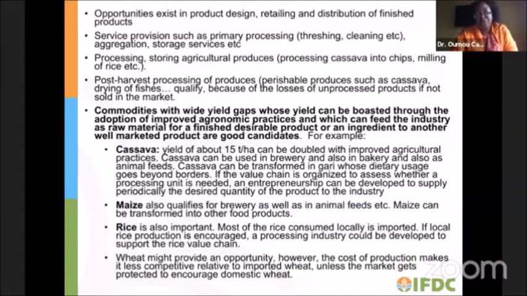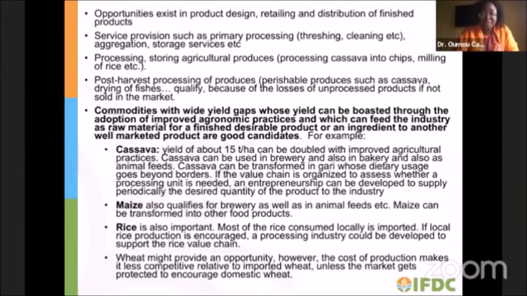But I would like to focus on the opportunity that exists in closing the yield gap, the gap between the potential yield and the existing yield. By adopting improved agronomic practices, which can feed into the industry as raw material for a finished product or an ingredient to another well-marketed product, these are good candidates.